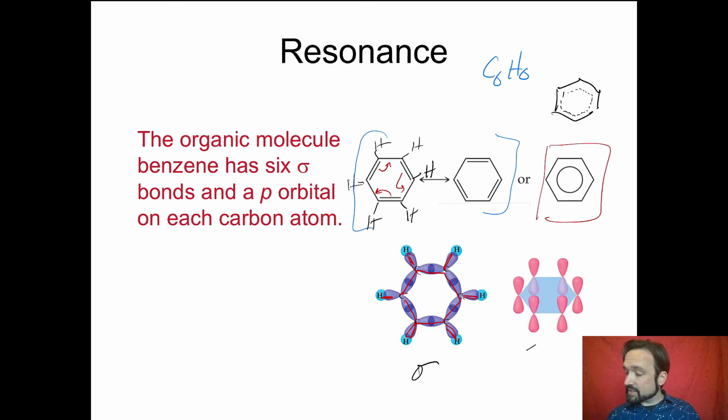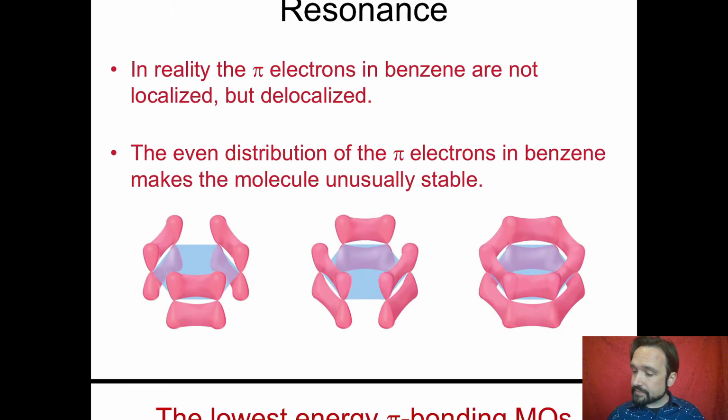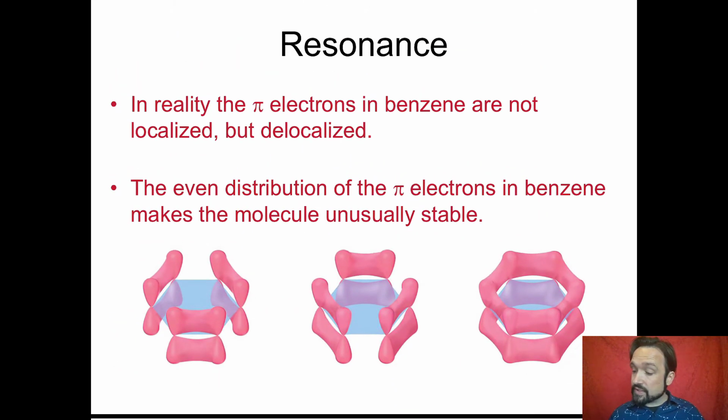And then we've got a pi system. Our pi system is made up of a series of unhybridized p orbitals, and that's key that they're unhybridized, that share those electrons. In this case, 3 pairs of electrons are delocalized over those 6 bonds. What does that look like? It's going to look something like this.